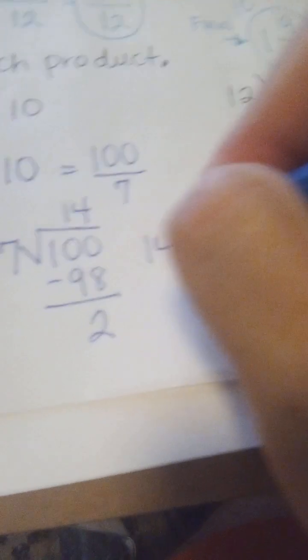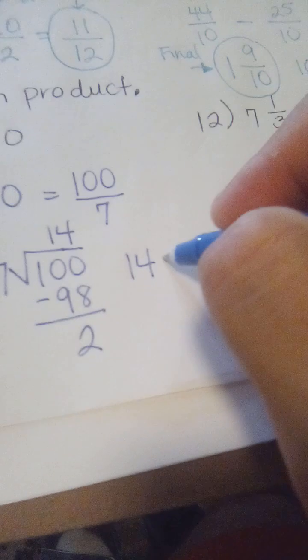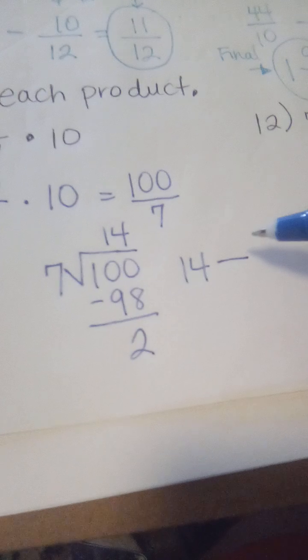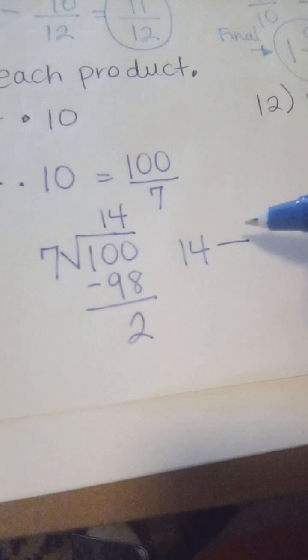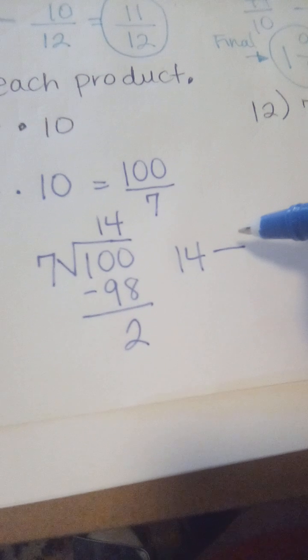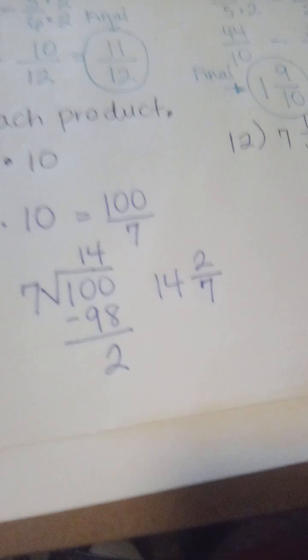It's the whole number. And then what's the numerator? The 2 or the 7? The 2. And the 7 is our denominator. So we're almost finished. 14 and 2/7, that's our magic number.